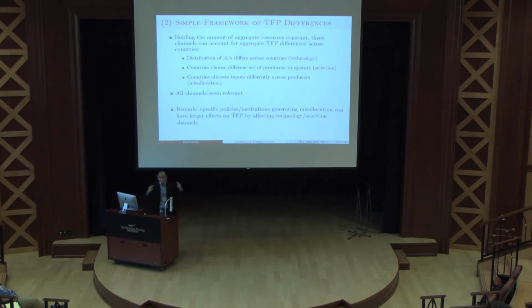But in order for them to matter for aggregate productivity, we need to go beyond this static misallocation and think about how those same policies that generate the misallocation are going to be affecting these other channels I talked about, either through selection or through technology. And so hopefully my last point is going to be about making that connection.